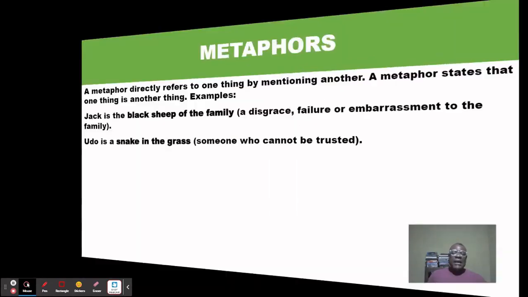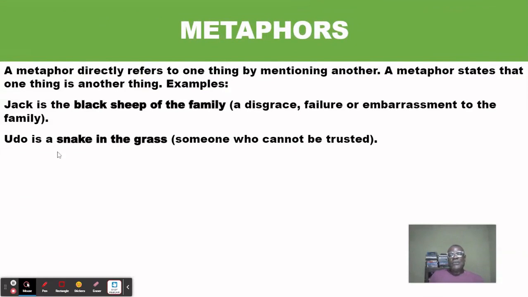Now imagery, but before we look at imagery, I want you to understand that when you look at these metaphors, you can actually look at something when you say Jack is the black sheep of the family. When you look at a black sheep, there is something about it, all right? When we discuss symbolism or the use of symbols, you will also understand that the color black has some negative connotation.